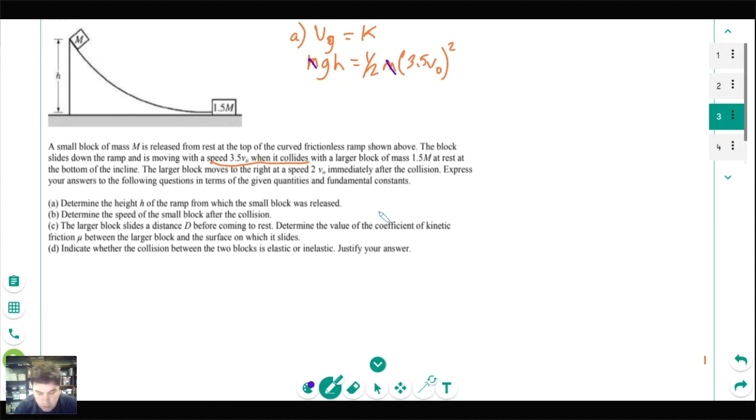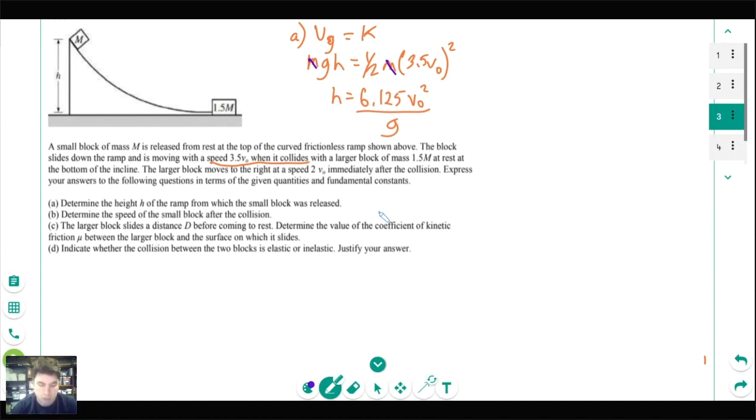We can square 3.5. We can divide it by g. And then we're going to end up with, as a result of this, that the height of our ramp is 6.125 v naught squared over g.